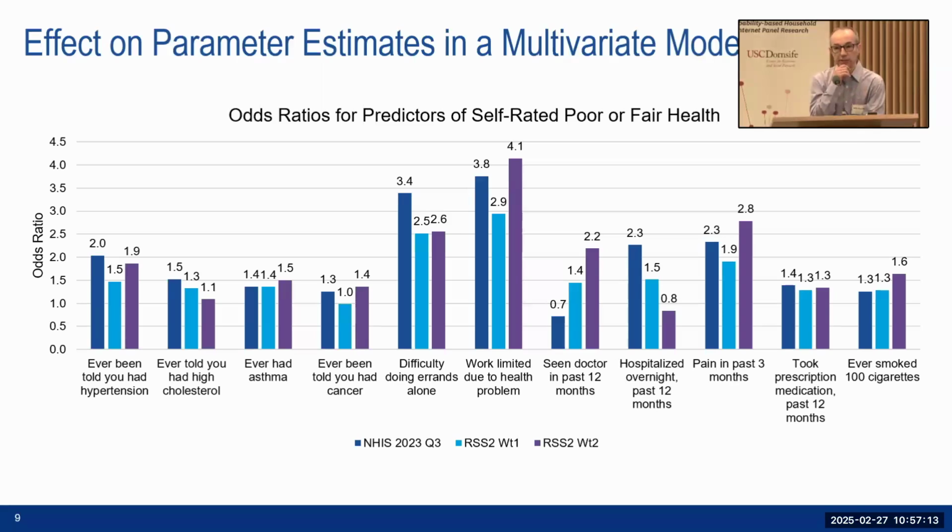So for some of these estimates, as you see, for example, for difficulty doing errands alone, that's somewhere towards the middle, the odds ratios are quite different between what we would do when we fit this model to the NHIS data and when we fit it using the RSS data, regardless of the weighting. So that means that your analytic conclusions from a multivariate analysis would be different from a pooled data set than from only the benchmark survey.